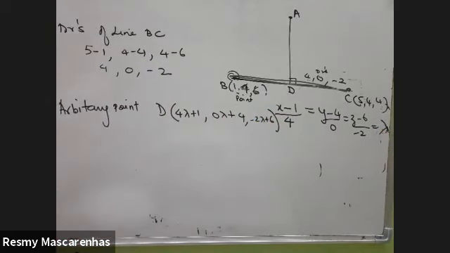So basically what I need is one arbitrary point and the direction ratios of both the perpendicular lines.